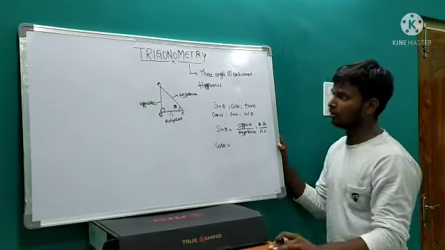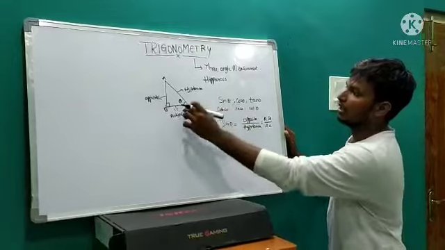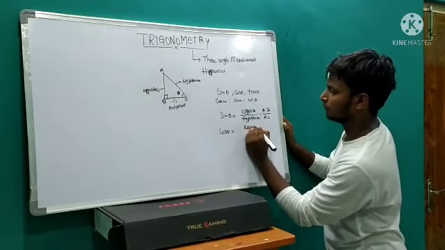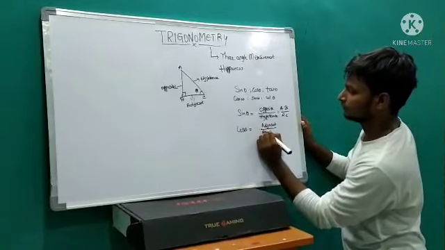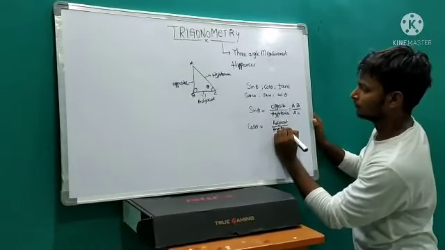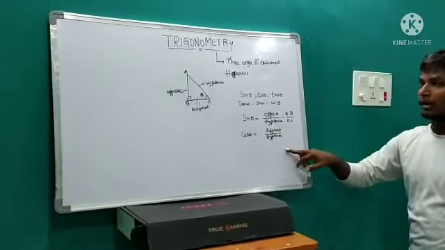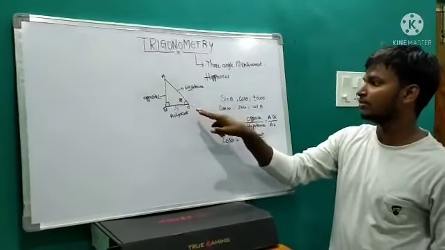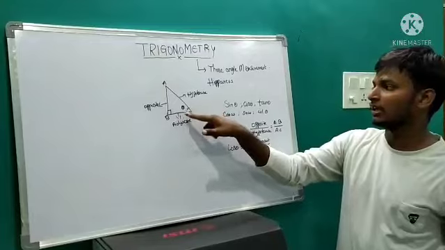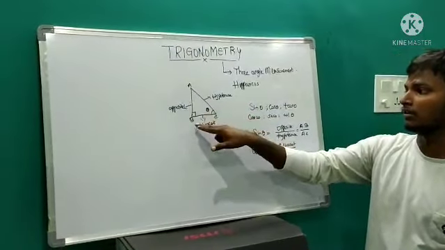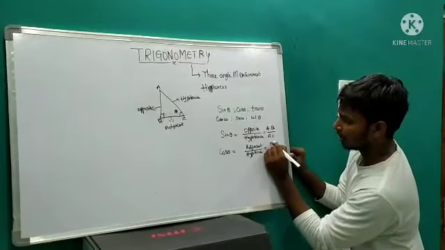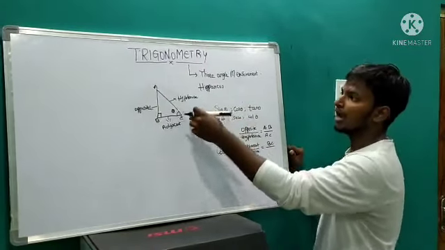Cos theta. Cos theta is nothing but adjacent by hypotenuse. Adjacent means BC, the side which is near to theta. Adjacent means BC by hypotenuse.